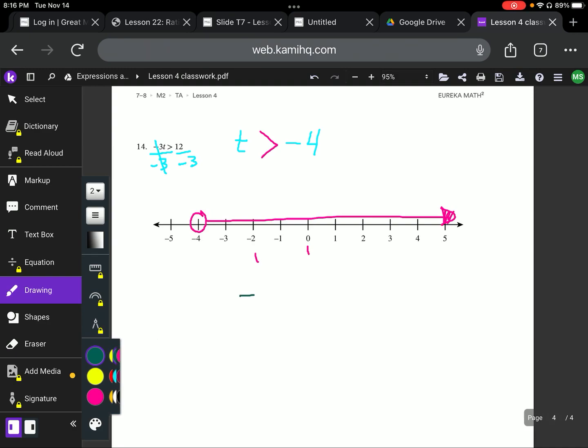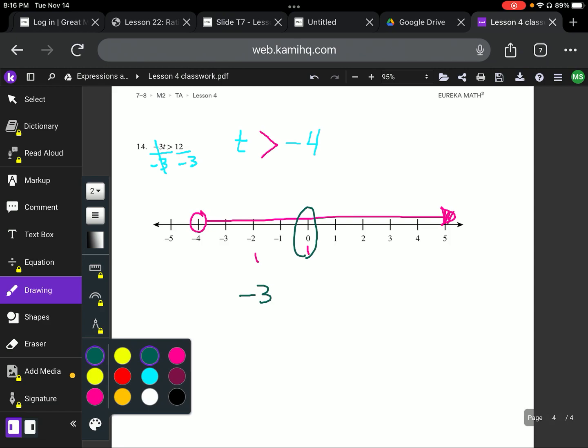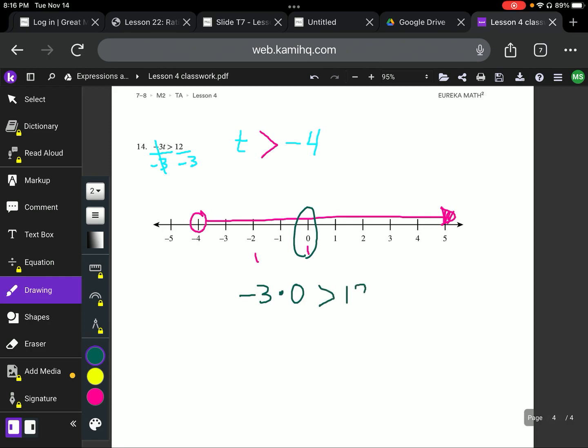Let's pick 0 because multiplying by 0 is easy. So -3 times 0. Is that greater than 12? Well, -3 times 0 is 0. Is 0 greater than 12? No, it's not. Well, let's try another one just to be sure.